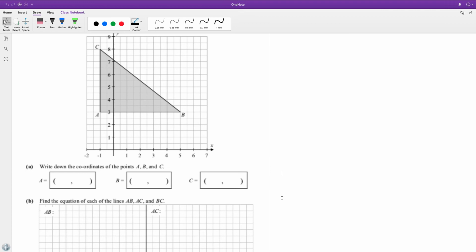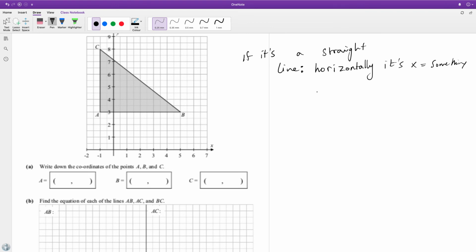If it's a straight line horizontally, it's x is equal to something.